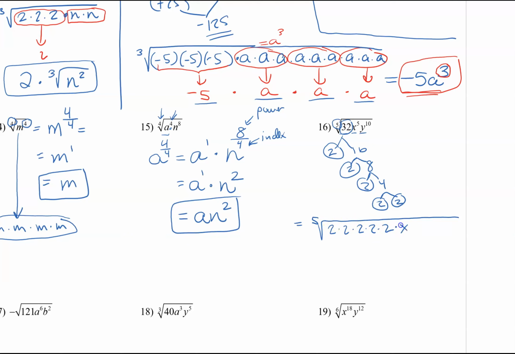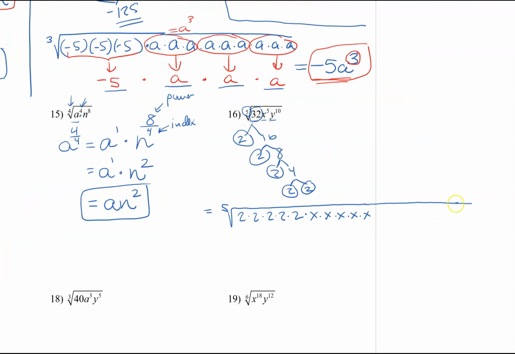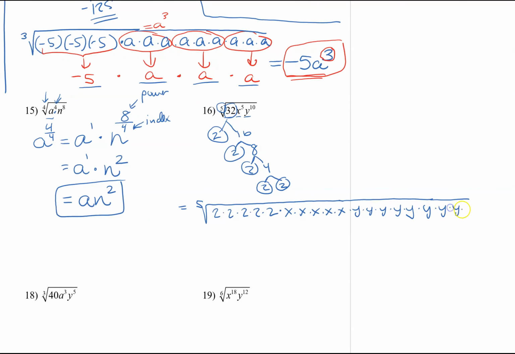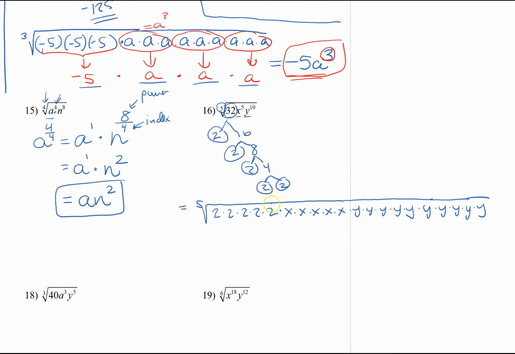x to the 5th would be 5 factors of x, and y to the 10th would be 10 factors of y. 1, 2, 3, 4, 5. That's group 1, times 1, 2, 3, 4, 5. That's group 2. I'm just showing you one more long example so you can see why this division works. So this is a 5th root, so we're looking for groups of 5.